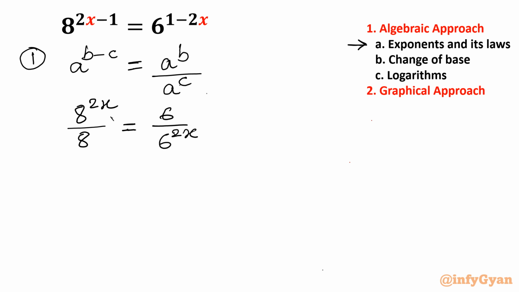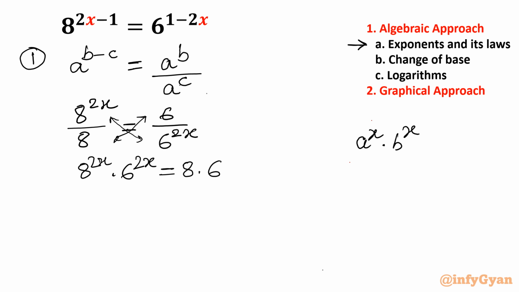Now what we'll do? We'll cross multiply. So it will become 8 power 2x into 6 power 2x equal to 8 times 6. Now the second property of exponents will come into the picture, that is a power x into b power x.